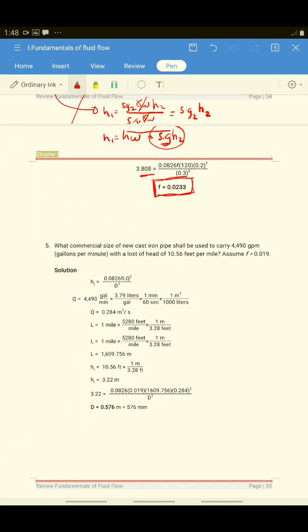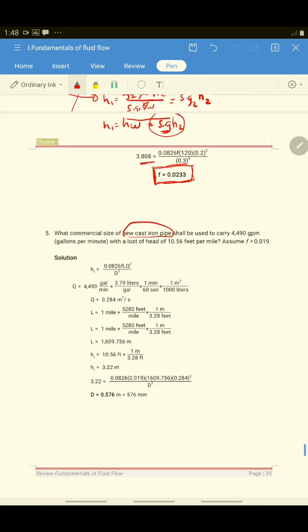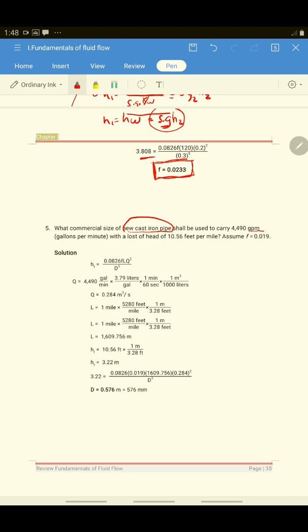Okay, for number 5, what commercial pipe size of new cast iron pipe shall be used to carry 4,490 gallons per minute with a head loss of 10.56 feet per mile? Assume F is 0.019. So, I'll try to list the given. Q is equal to 4,490 gallons per minute.